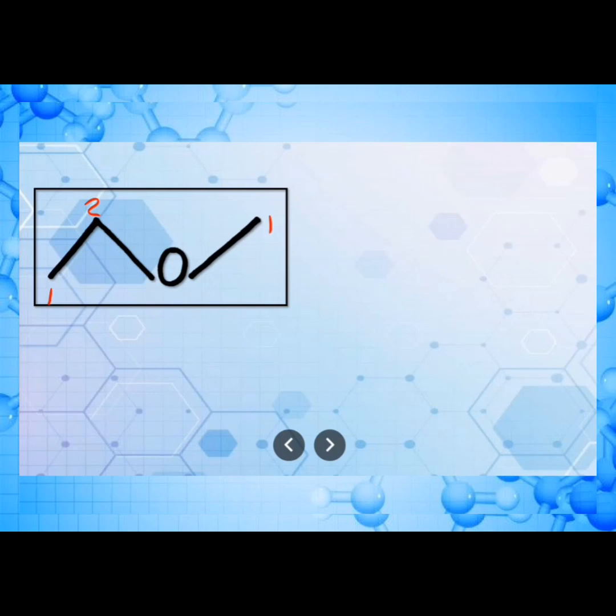So in the left side we have 2 carbons, and in the right side only 1 carbon. Therefore we can conclude that the right side is our oxy substituent, and the left side will be our main parent hydrocarbon.